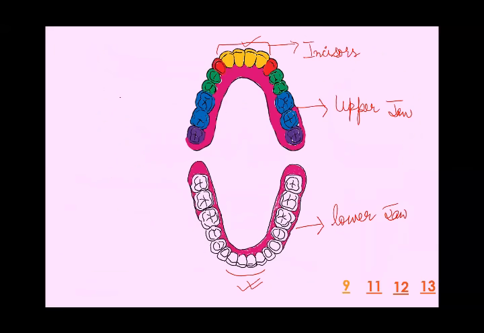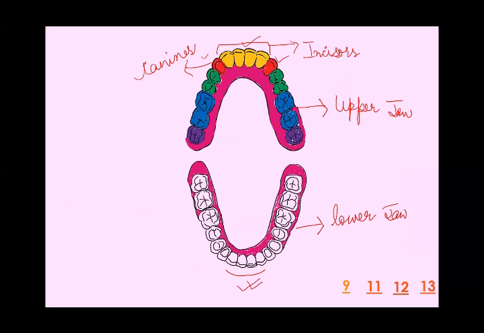Here we can observe the position, we have marked the canines in red color. You can observe that 2, 1 this side and 1 this side. Total is 2, and yes, they are beside the incisors.